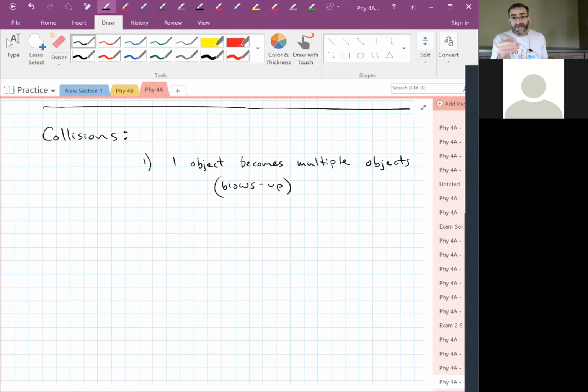Now, if you have an object sitting there and it blows up and parts are flying off in every direction, is mechanical energy conserved? Is the kinetic energy the same before and after? Are they the same?